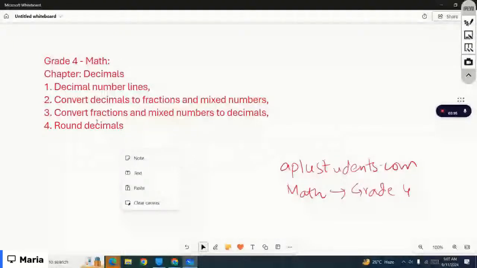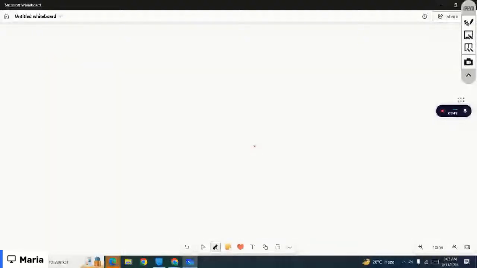Between two integers, for example 0 and 1, whatever the integers are, you have 9 small lines. 1, 2, 3, 4, 5, 6, 7, 8, 9.